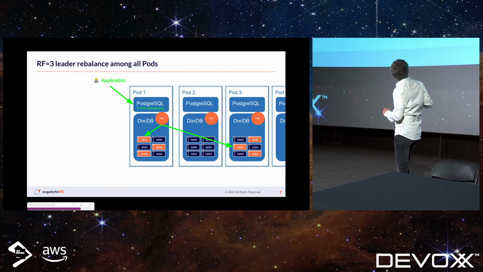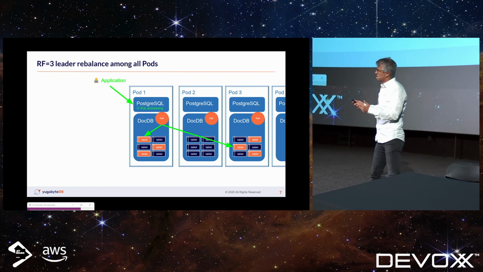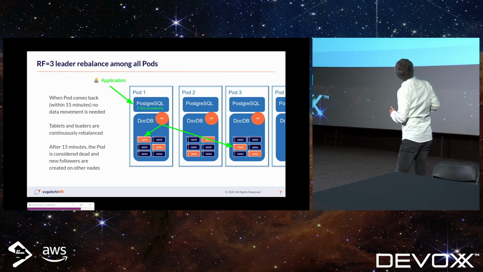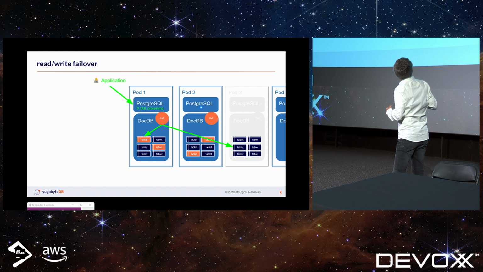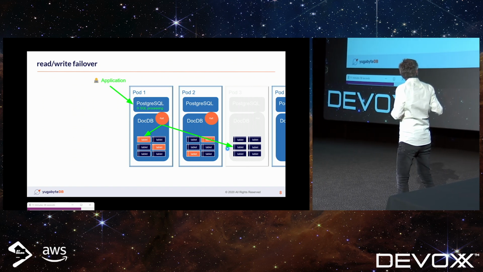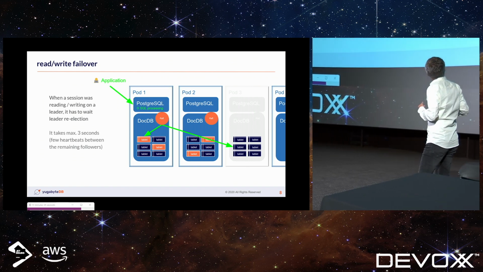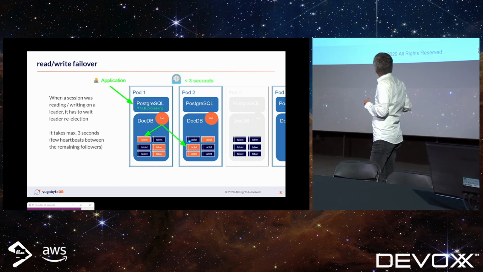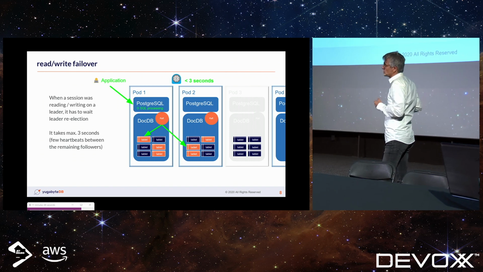Another case where what will fail is one where I'm currently reading or writing, so I need the leader there. Sorry, this was just when this one comes back, as I did there, it re-elects the leader there to rebalance. So this one fails, and I was currently reading or writing to one replica there. So my session has to wait for the election of a new leader elsewhere.